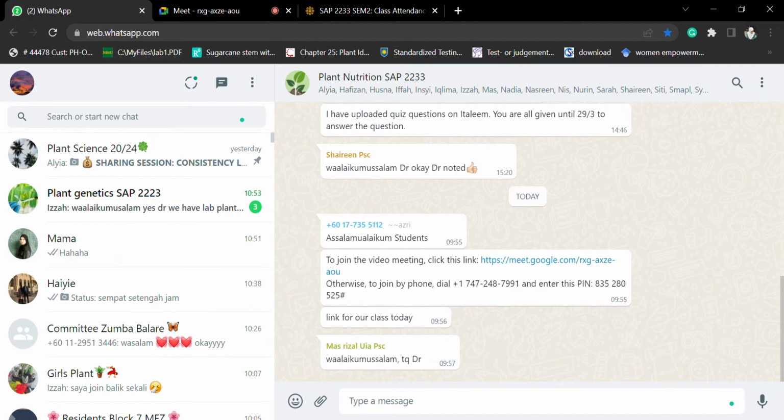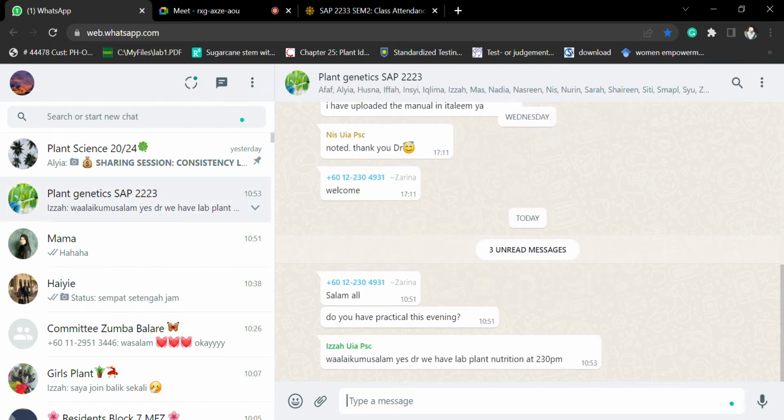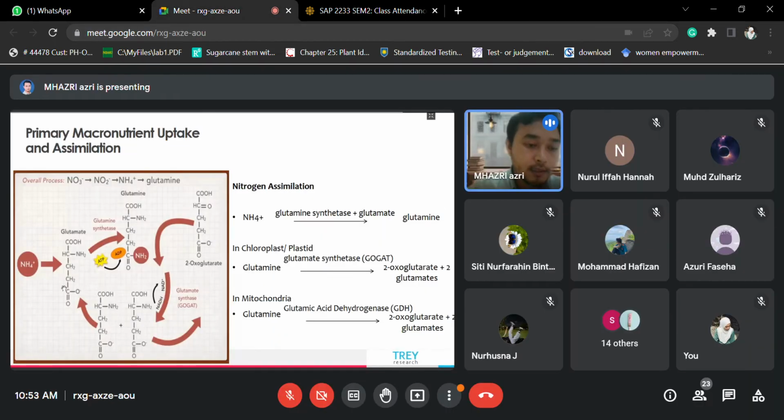Okay, glutamate is an amino acid. So in glutamate, it already contains an amine group, NH2, and glutamate also contains carbonyl groups, a carbon that attaches to oxygen with a double bond, and the other oxygen attached to the carbon with a single bond.